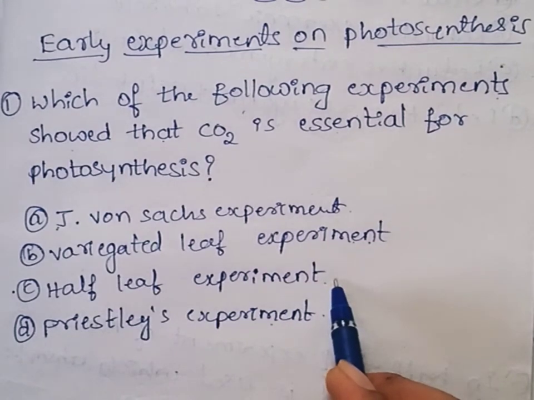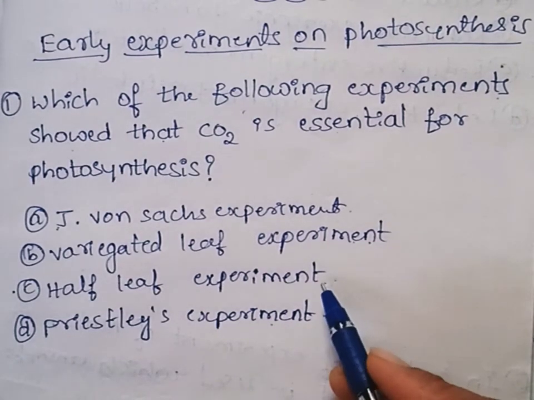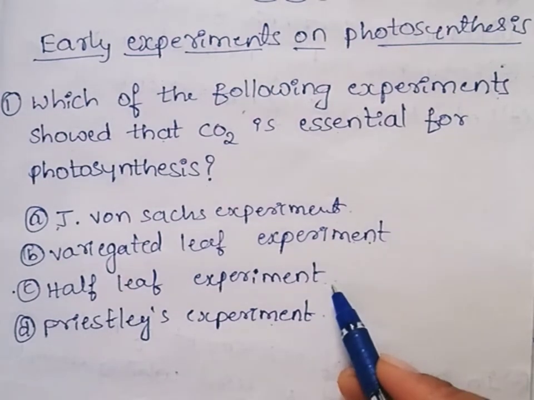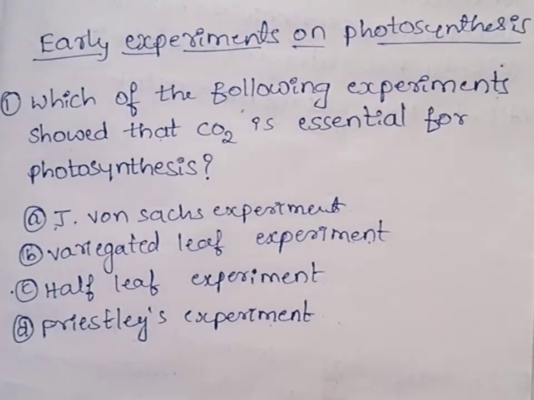According to him, CO2 is necessary, or essential, for the photosynthesis process. So this is the summary of Moll's half-leaf experiment.